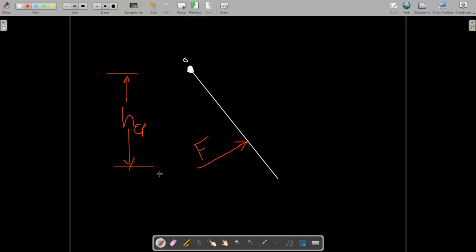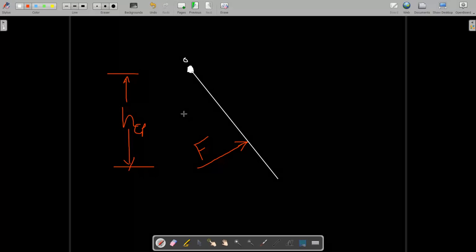Okay, F force, and the height from vertical we are taking as hcp. Now one more thing, that is the weight of this gate, that is mg. It is downward and it is acting at h star.